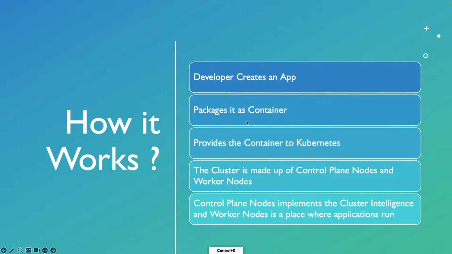I'll provide this image to Kubernetes. It will take all those instructions and run them on my Kubernetes cluster. My cluster is made up of the control plane and worker nodes. The control plane node implements my cluster intelligence, which decides where exactly I need to run my applications.